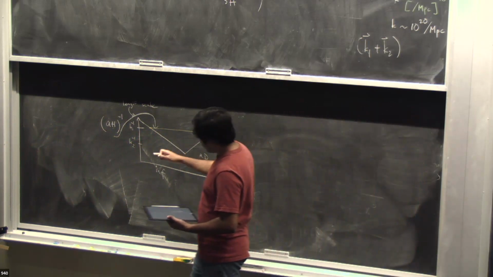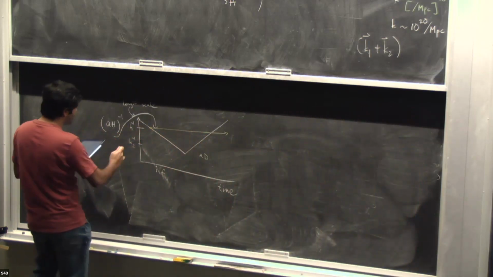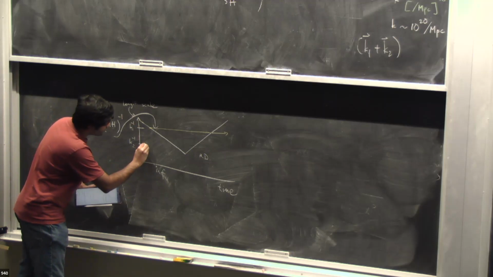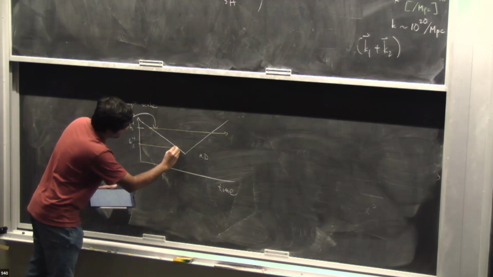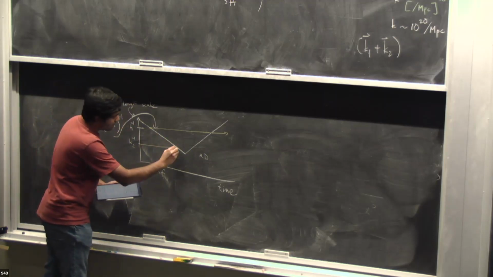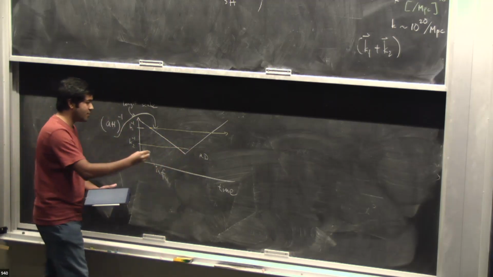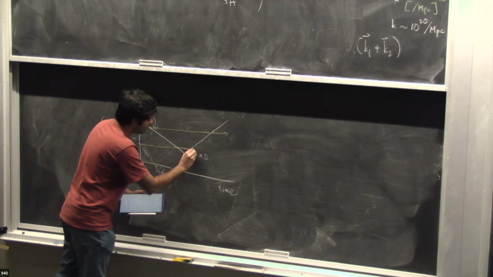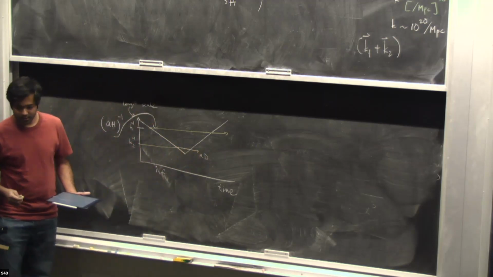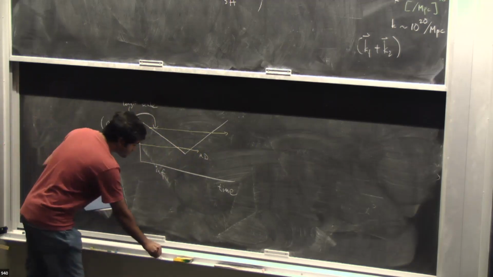This other k mode also exits the horizon, but at a much later time, because it's a smaller length scale mode. It exits over here, and then again comes back inside and does other things.